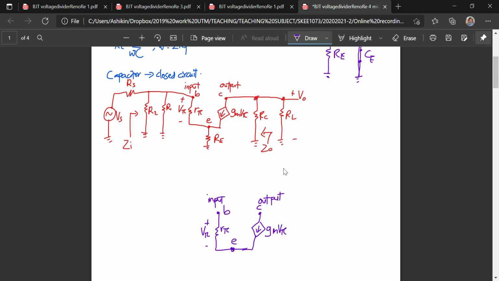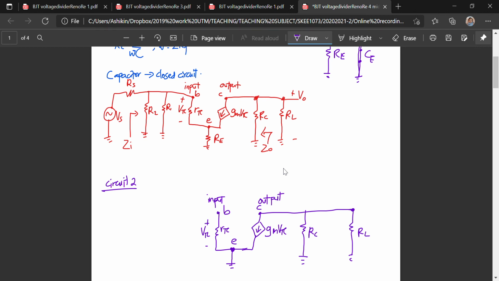The emitter is directly connected to ground. This is circuit 2. We need to draw all of the other components, since it has the same configuration, so I just redraw it over here.